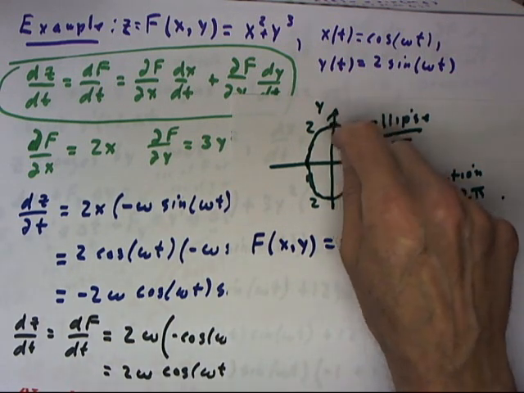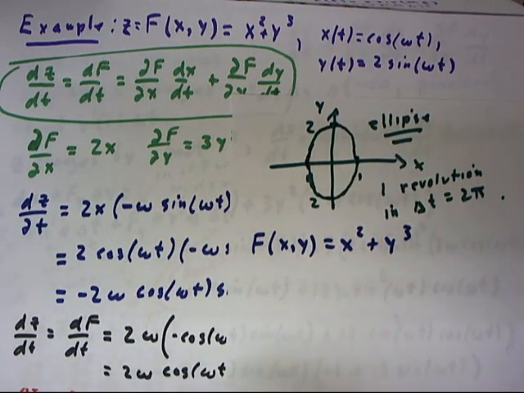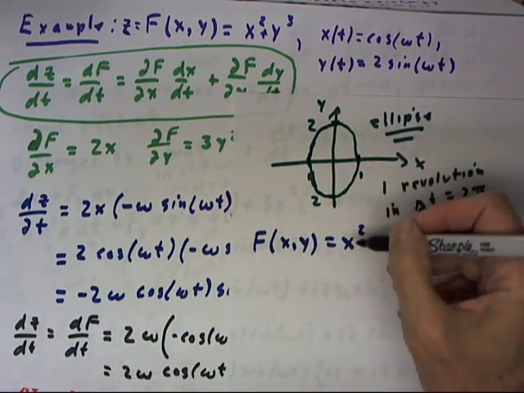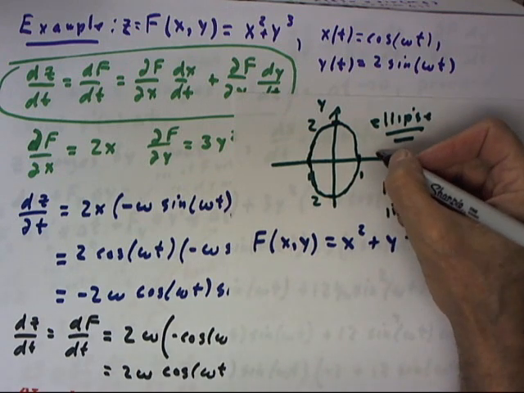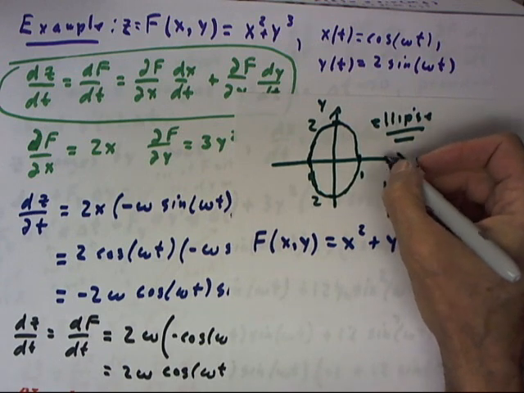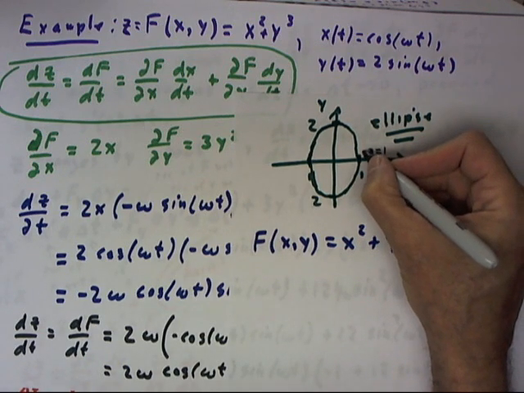By the time we get up to this point, y is equal to 2. Well, 2 cubed is 8. So we can write down just a few sample values of this function. At this point, x is 1 and y is 0, so z equals 1.